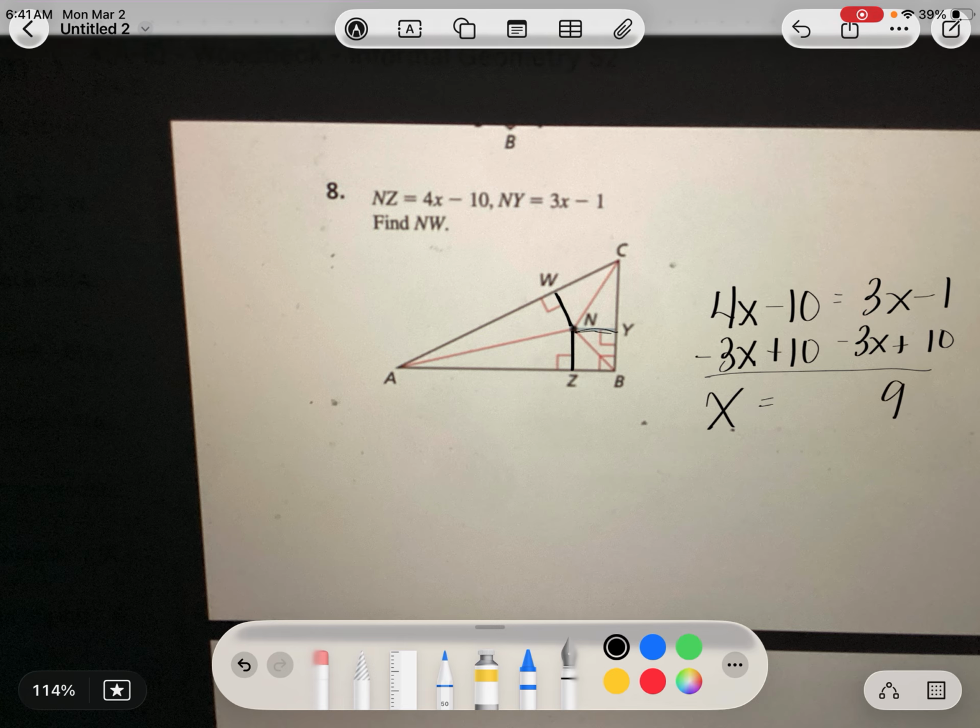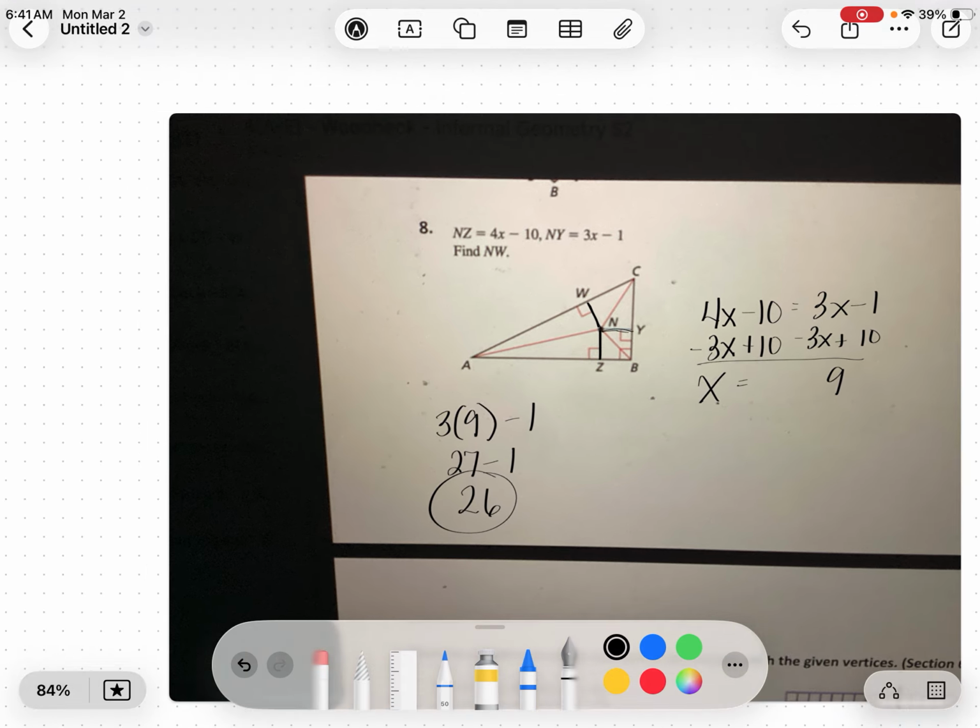And then if I plug it back into either one of those to find NW, 3 times 9 minus 1, or 27 minus 1, or 26. So if you notice on this one, those last three, a lot of it is just setting things equal to each other. Okay?